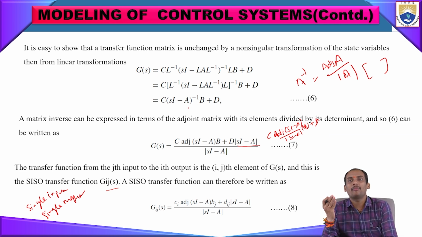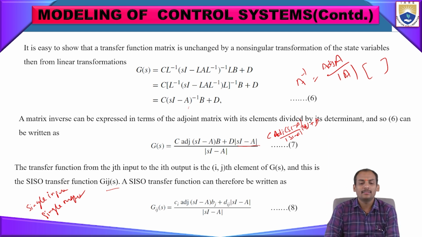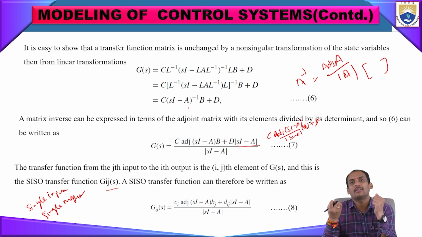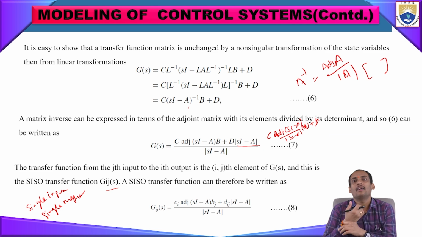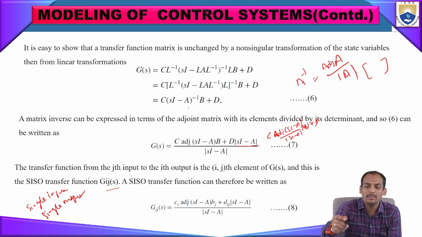Then the total matrix will be the adjoint of Si minus A with the coefficient of the ith term and jth term. That coefficient of the ith term will be Ci and the jth term will be Bj.